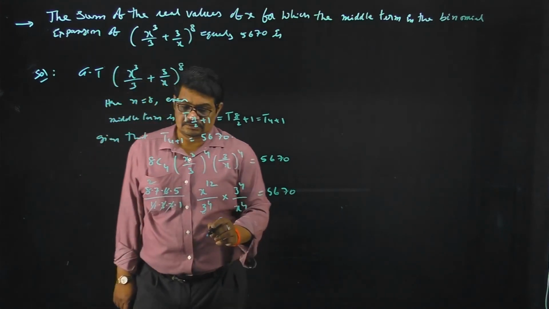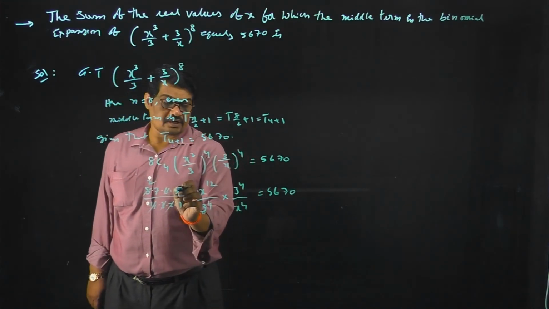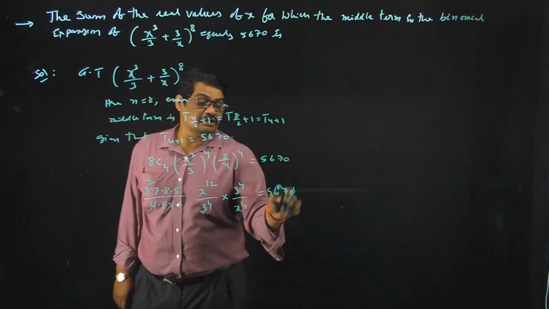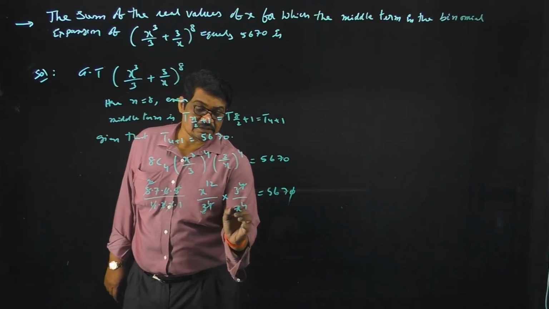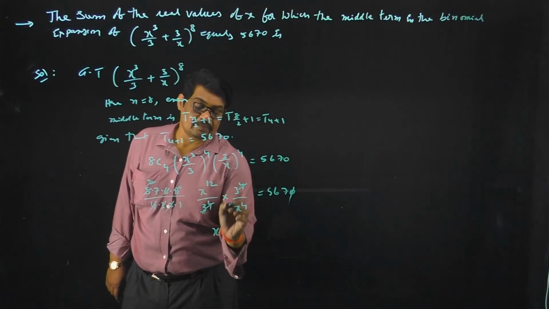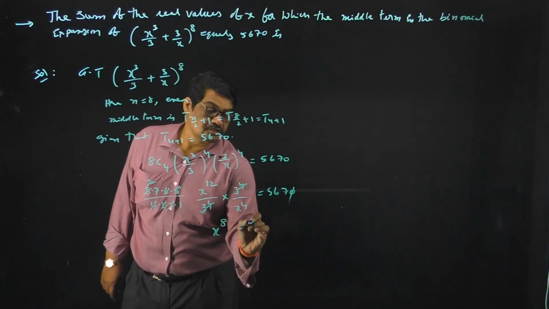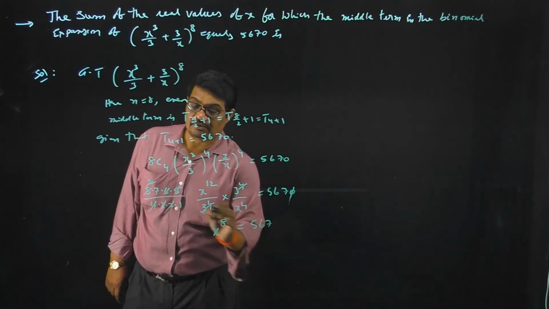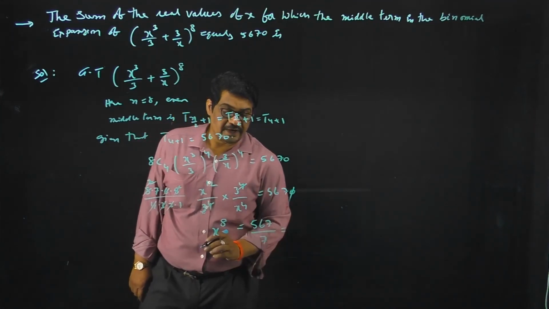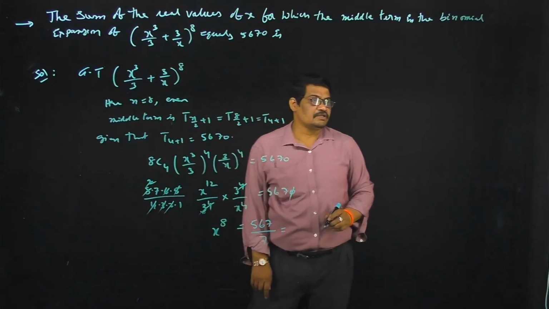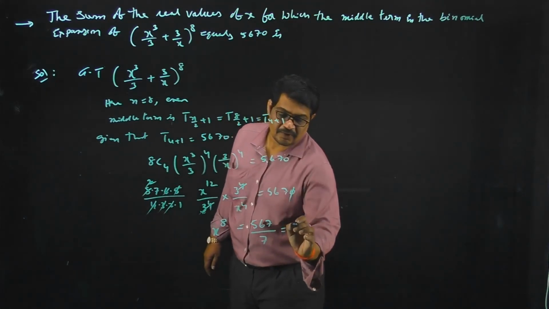Next 2 fives are 10, this 10 will be cancelled. Next 3 to the power of 4 will be cancelled. Here x to the power of 12 minus 4, that is x to the power of 8, is equal to 567 by 7, that is 81.